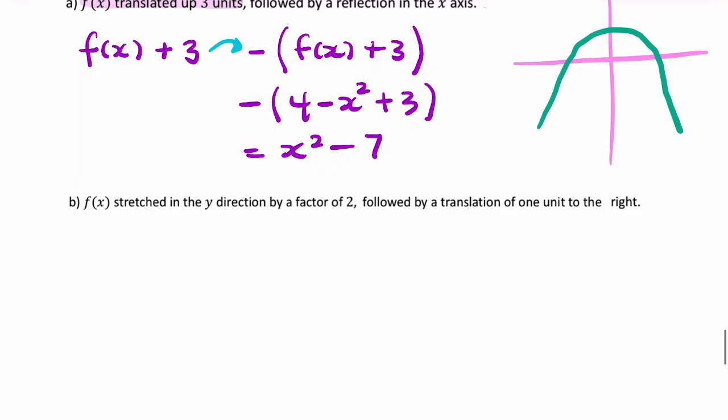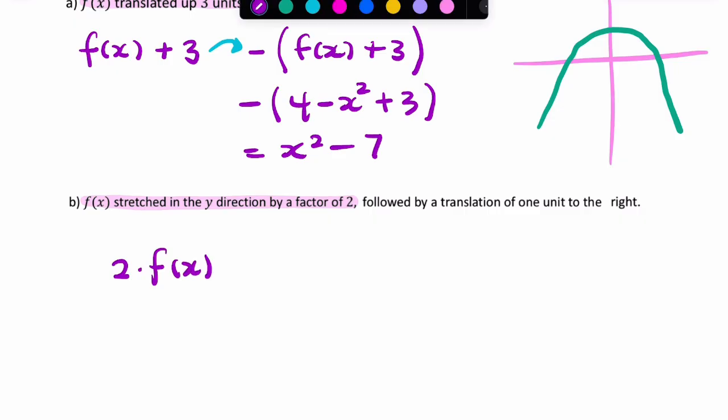In part B, f of x is stretched in the y direction by a factor of 2. So when you stretch a function in the y direction by a factor, it's equivalent to multiplying f of x by that factor. So that's your first transformation.